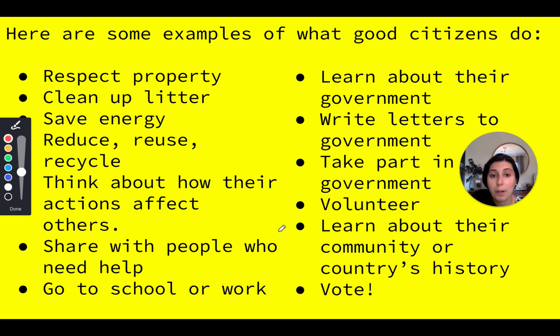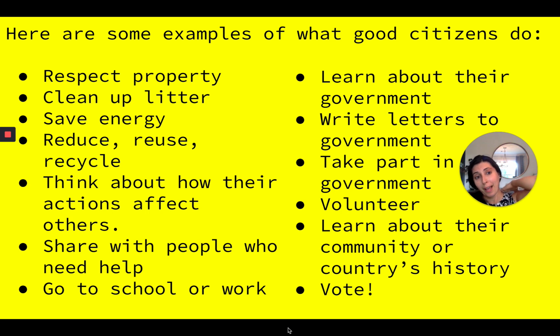Citizens are able to participate in their government's decisions by voting. Were you able to come up with any of these examples on your own? If you were, give yourself a pat on the back. And there are probably some other things too that I didn't list here that you might have thought of.